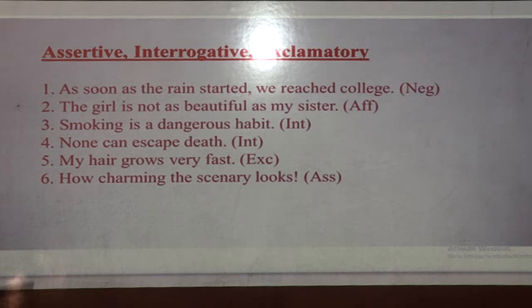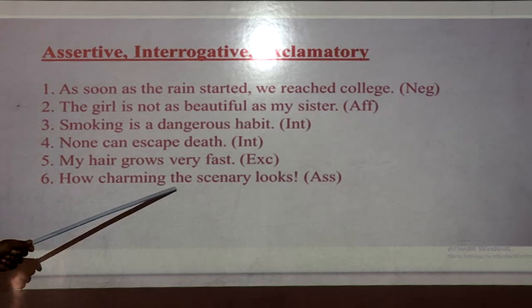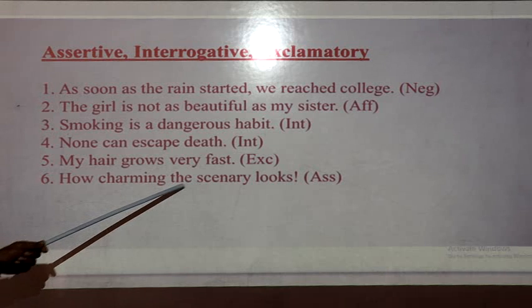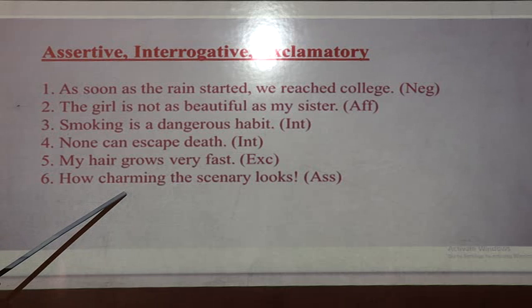Number 6, how charming the scenery looks. How charming the scenery looks. It is exclamatory sentence. We will have to make it assertive one. How charming the scenery looks. We can use the subject. First of all, the subject. The scenery looks very charming.